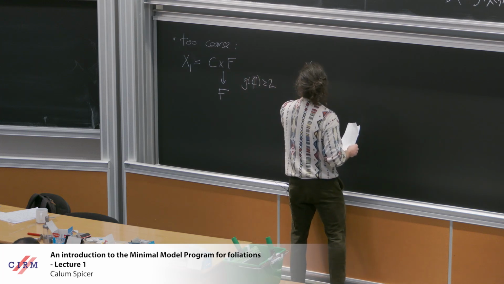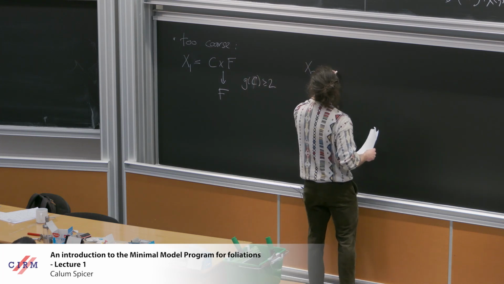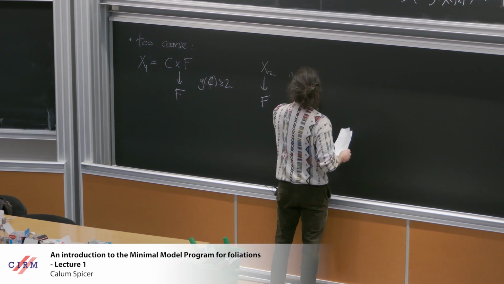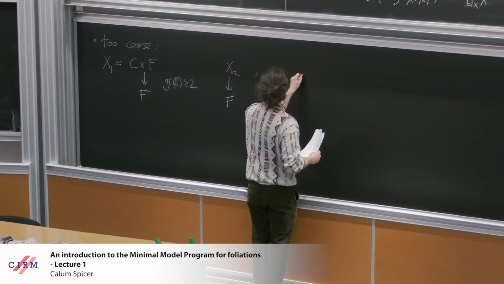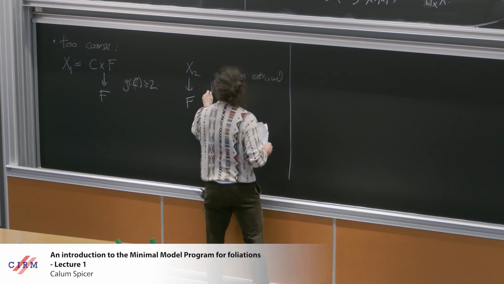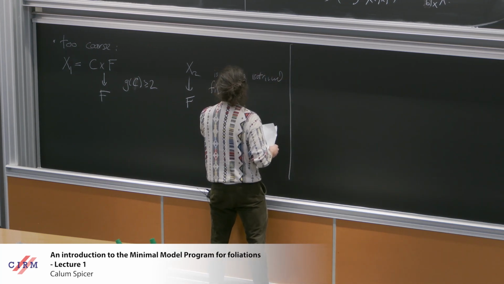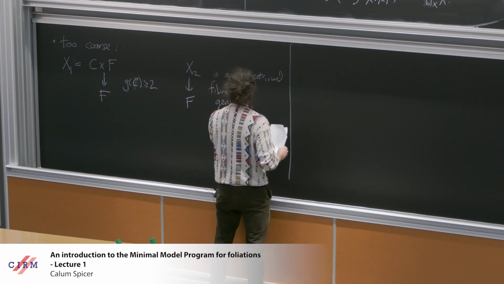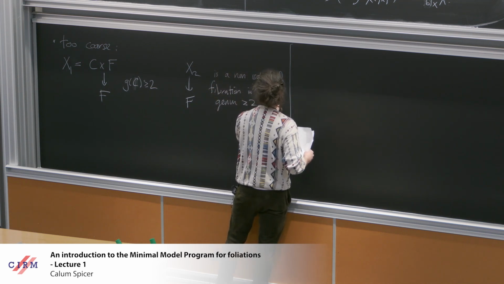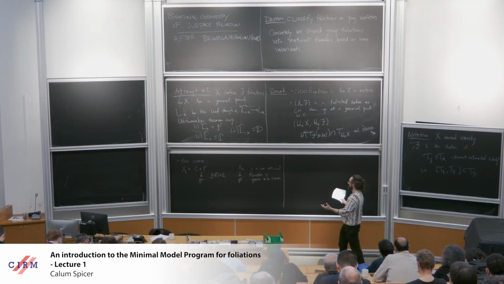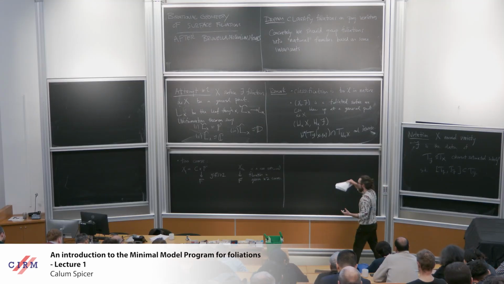And then X2, let's say X2 is a non-isotrivial fibration in genus greater than or equal to 2 curves. So these really exist. Blow up your favorite pencil for an example.